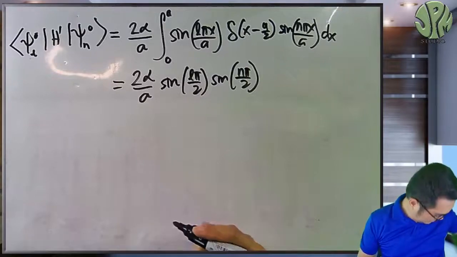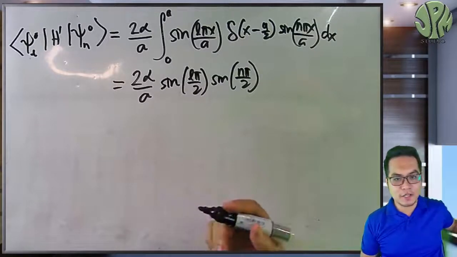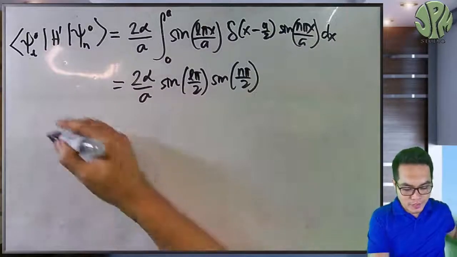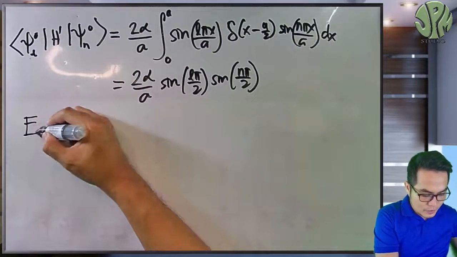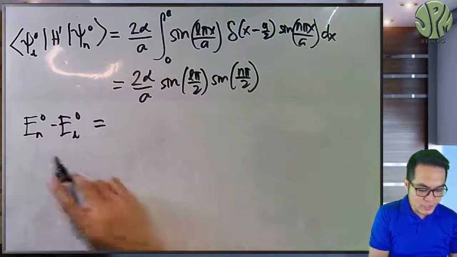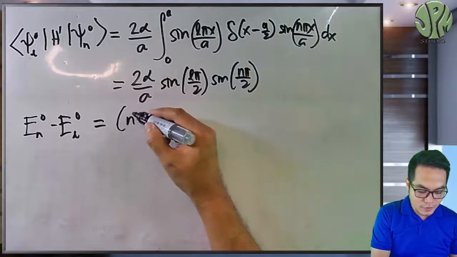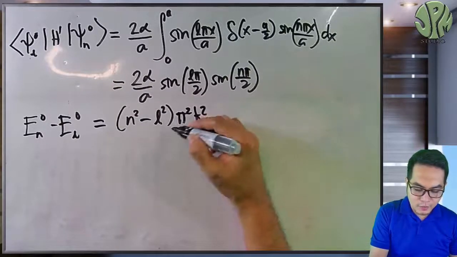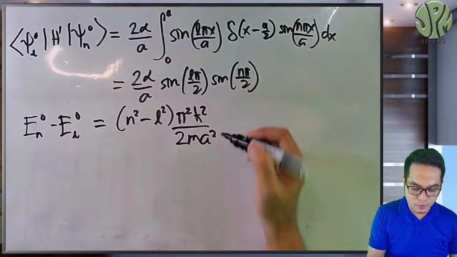We then solve next for the difference in energies. This one, En0 minus El0. So you will just get, this is n, so meaning you have n squared minus L squared, then pi squared h bar squared over 2m a squared.